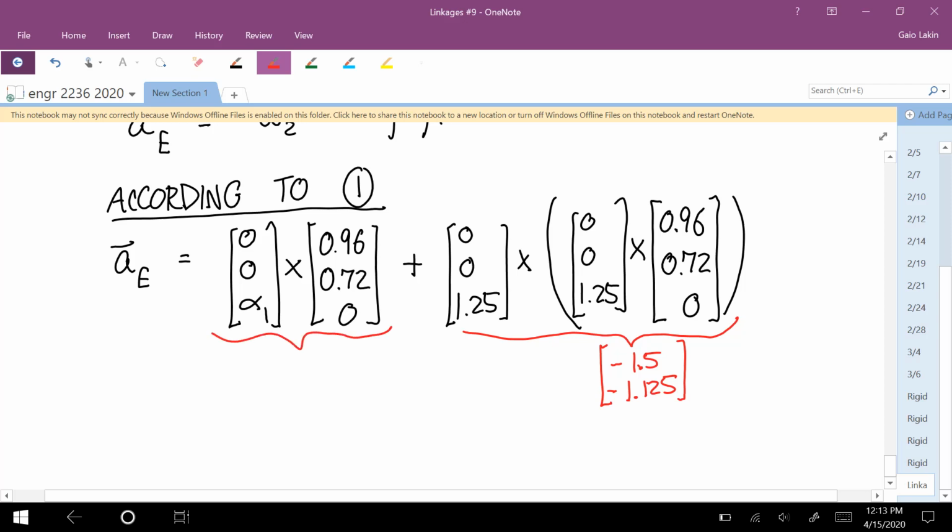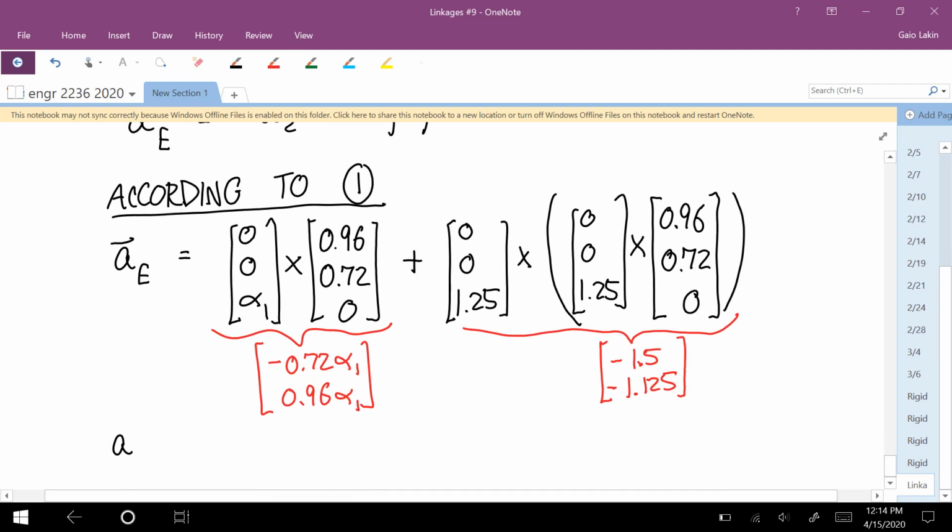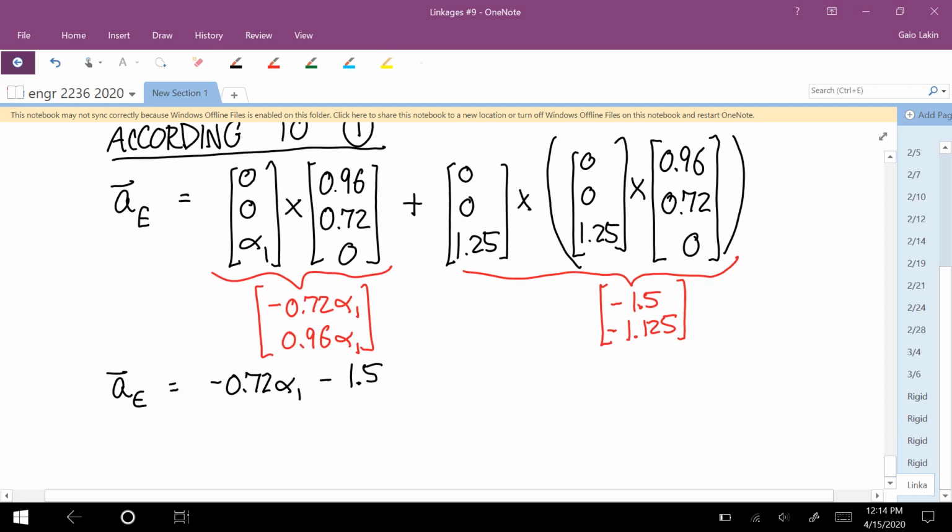And this one comes out to be negative 0.72 alpha 1, positive 0.96 alpha 1. And so, let me write this out. So AE is equal to negative 0.72 alpha 1 minus 1.5, 0.96 alpha 1 minus 1.125.